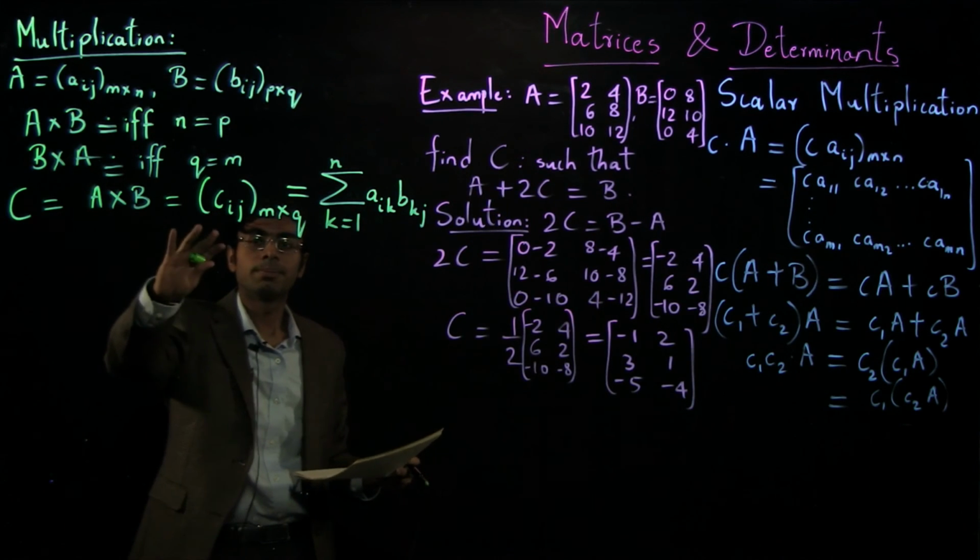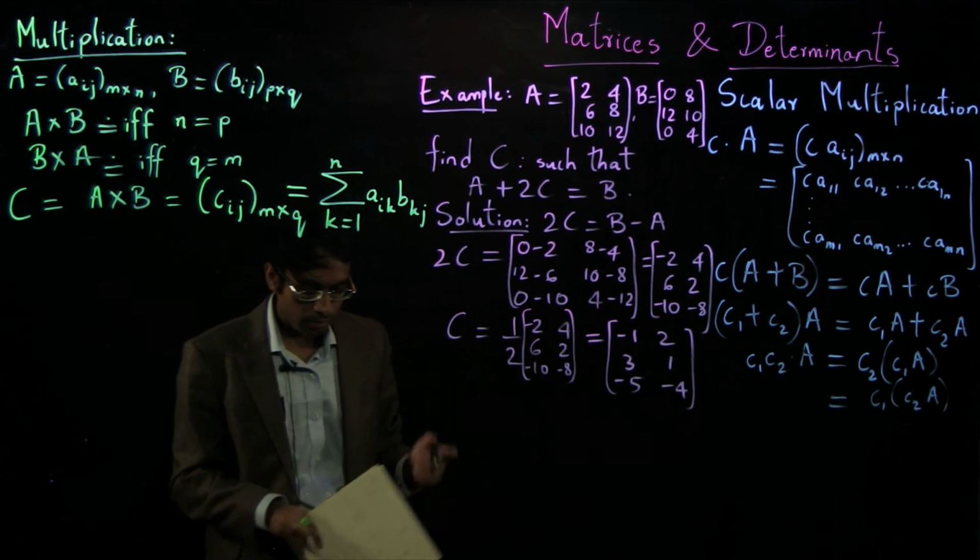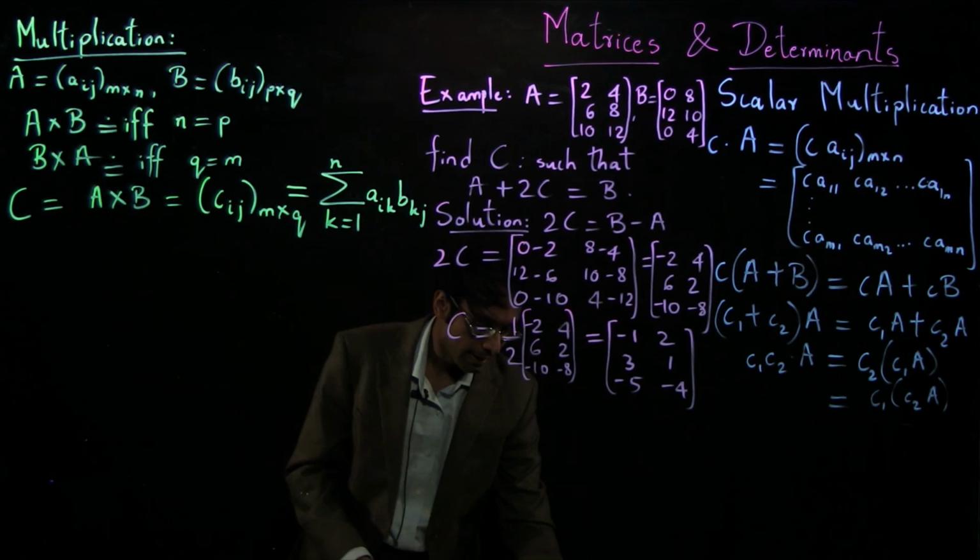So instead of simply looking at the formula, it will be easier for us to understand how this works if we look at a worked out example. So let's do an example.